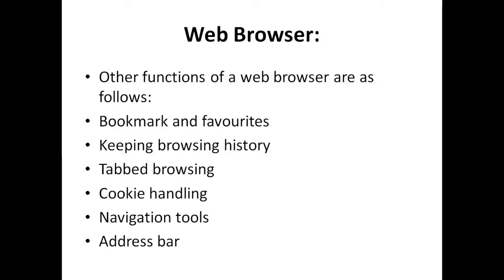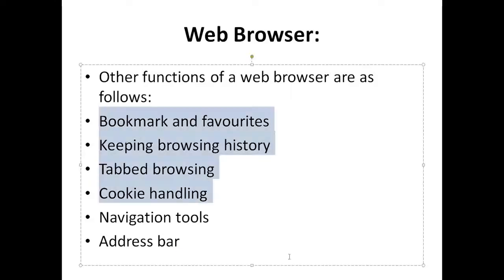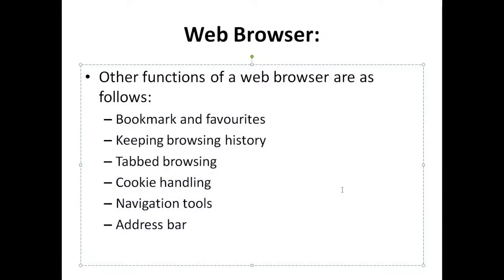Apart from that, some other functions that a web browser performs are bookmarks and favorites, and keeping browsing history. Bookmark and favorite is an option inside every browser where the websites you visit frequently or the websites you like, you can save them. Means you can save the URLs inside the browser. That is known as bookmarking or saving favorites. Keeping browsing history: whatever websites, web pages you visit, their URL is stored.